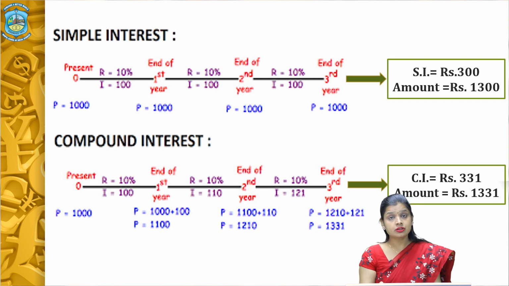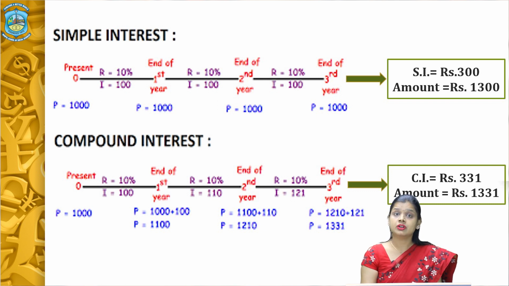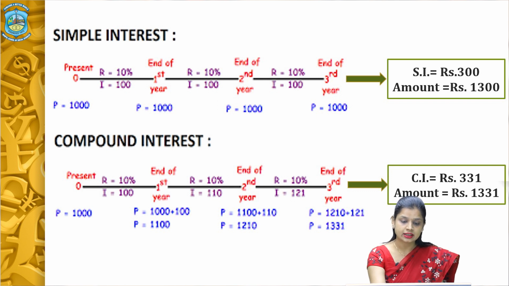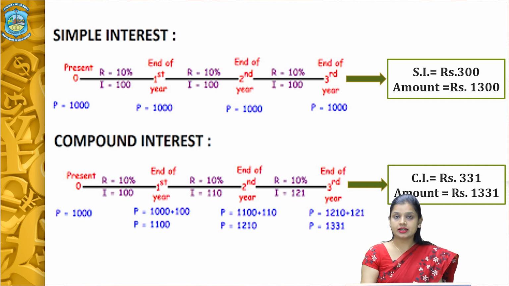Now, at the end of the second year you have to pay interest on this amount 1100, which is rupees 110.